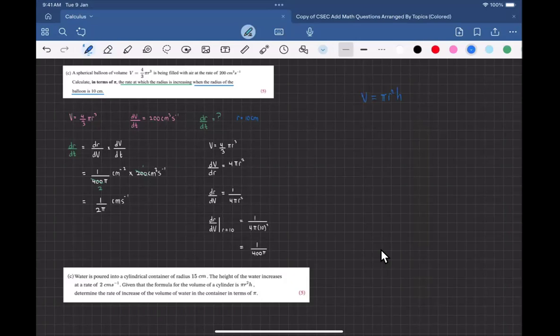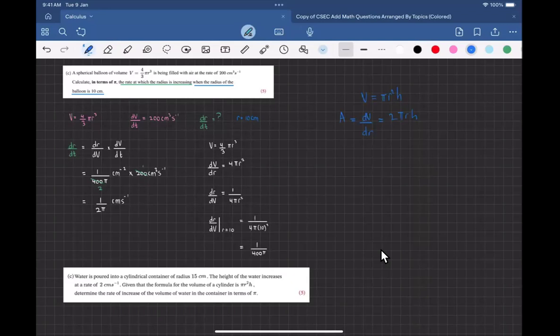But we know V is equal to pi r squared h. If I were to differentiate this with respect to radius, what would I end up with? Pi 2 r h, so 2 pi r h. What just so happens to be what? What is 2 pi r h? Oh, the surface area formula.